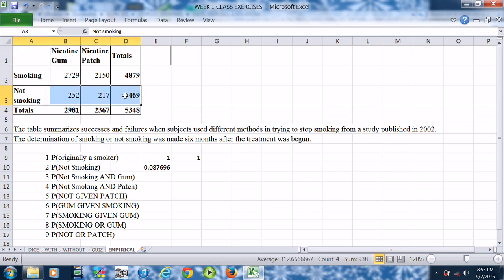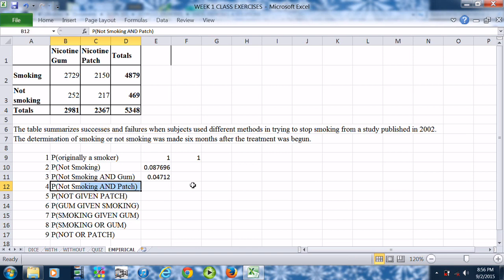And the intersection of not smoking and nicotine gum is the 252 who were not smoking again after quitting with the nicotine gum. So the probability will be the 252 out of 5,348 to get 0.04712.